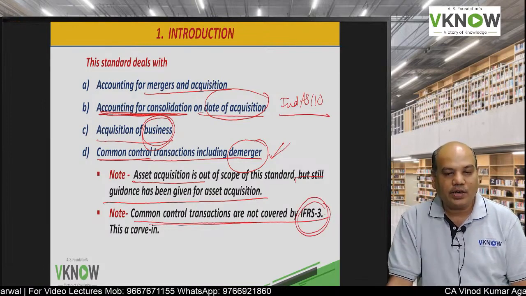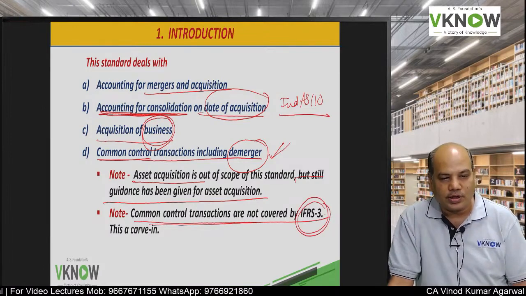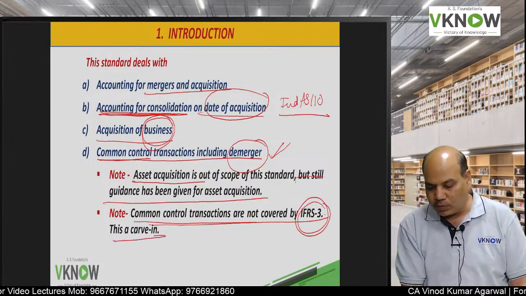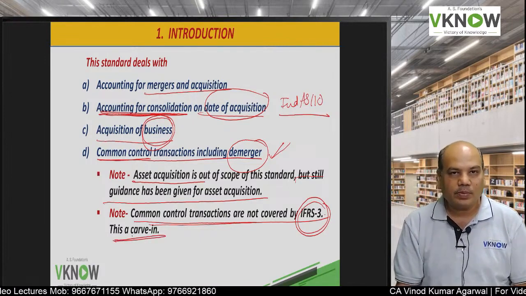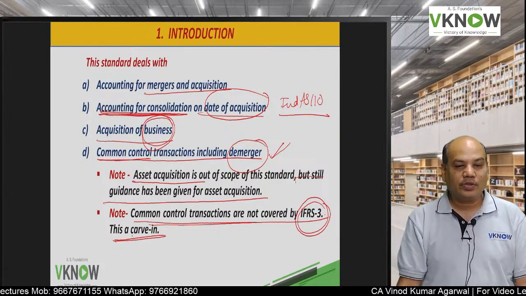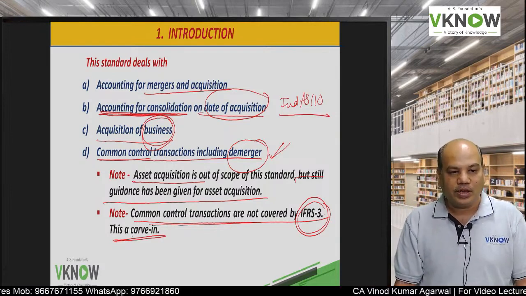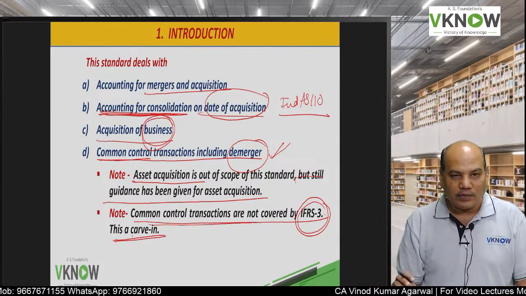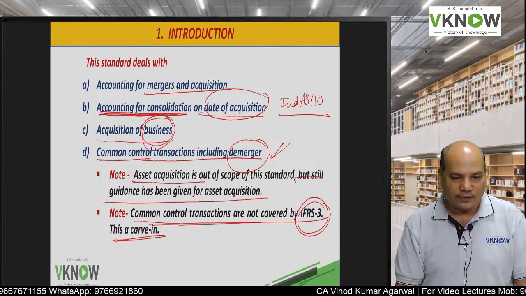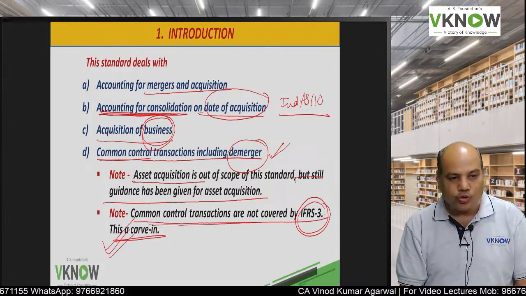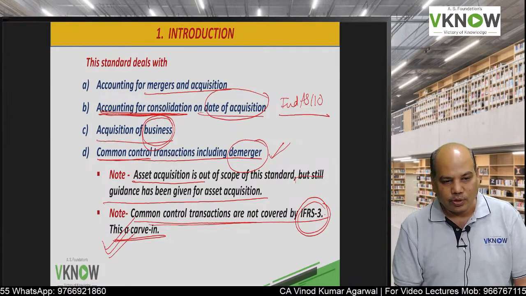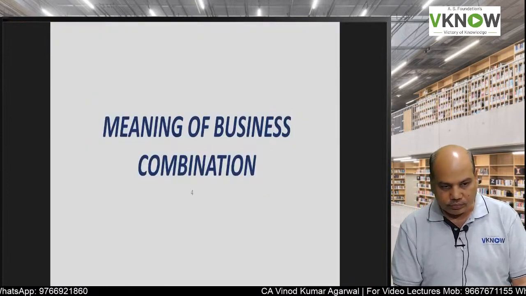International standard IFRS 3 does not have common control transaction. So accounting of common control transaction covered by IND AS 103 is a carve-in, a major difference between our standard and IFRS. So one carve-in you will learn in IND AS 103.